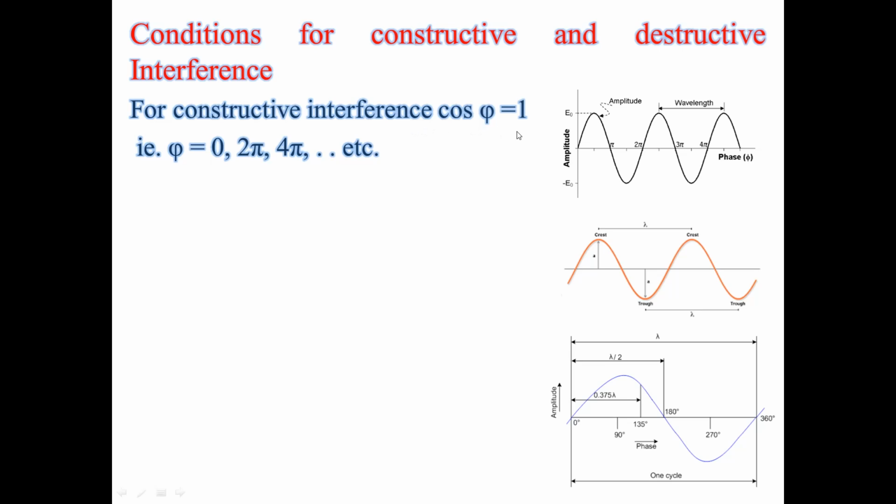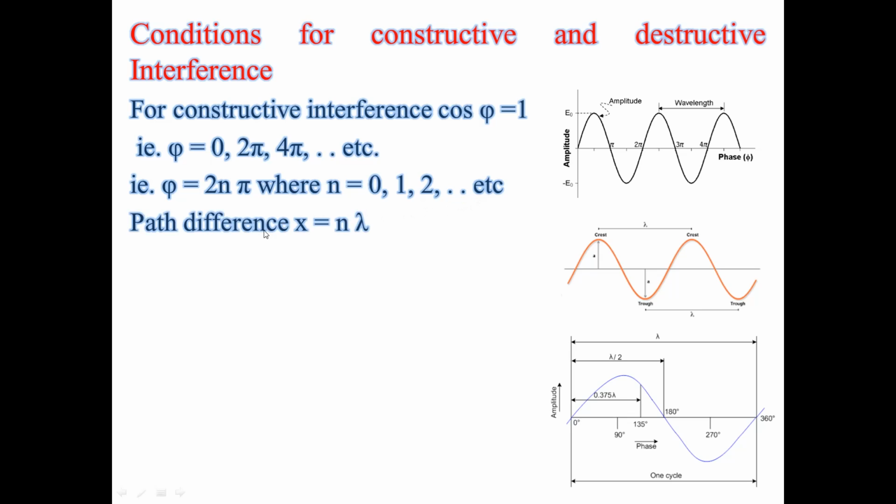So cos phi should be maximum, 1. So the phase difference phi should be 0, 2 pi, 4 pi, etc., or 2n pi, where n is equal to 0, 1, 2, 3, etc. And the corresponding path difference is n lambda, because a phase difference 2 pi corresponds to a path difference lambda.